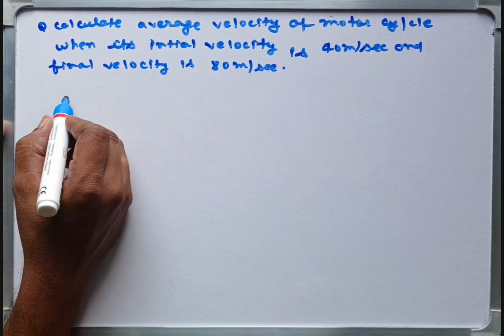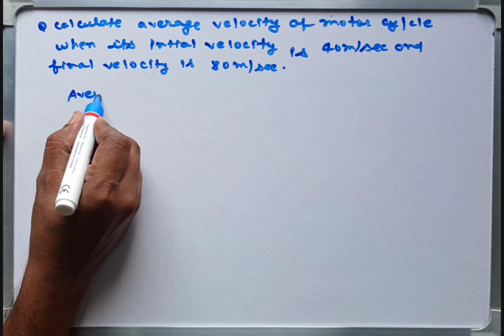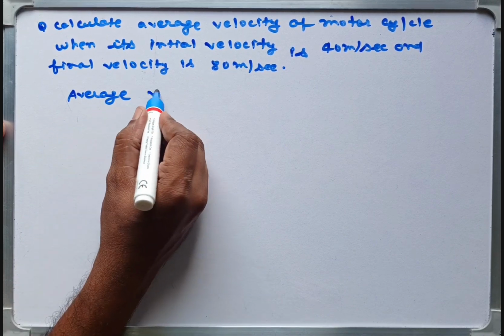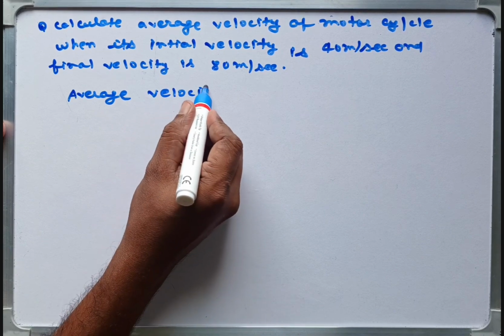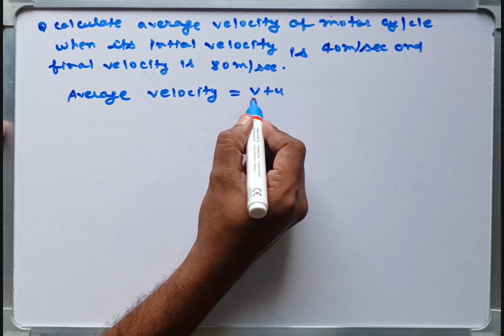Solution: the average velocity equals, what? v plus u by 2.